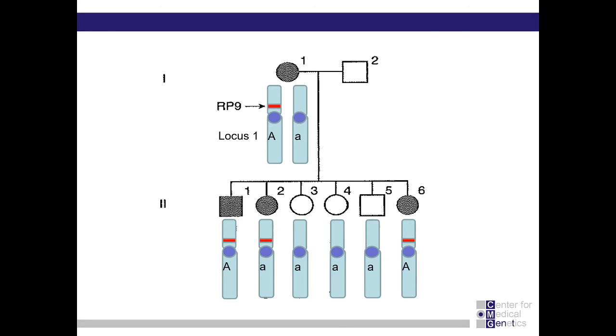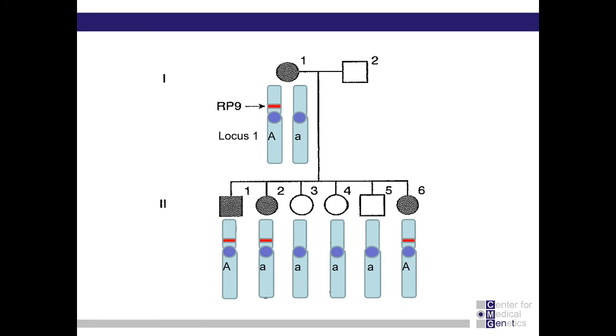RP9 is the disease allele in locus 1. If recombination happens, it will cause this allele to move to the different chromosome. Instead of big A, you go to small a. So where can you see it? You can see it in child number 2.